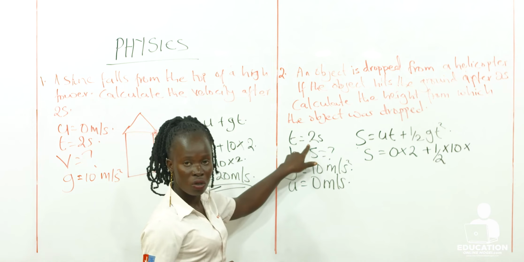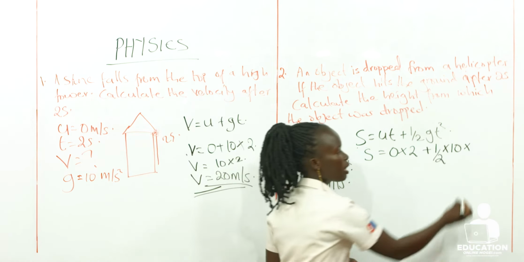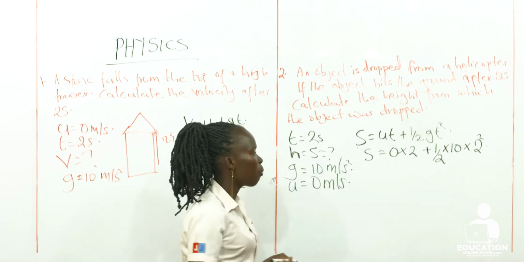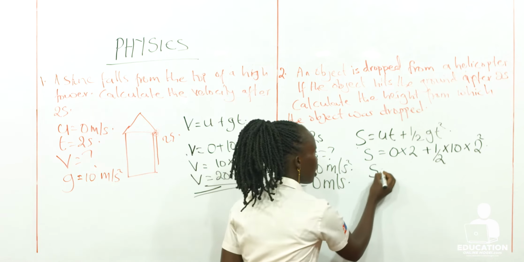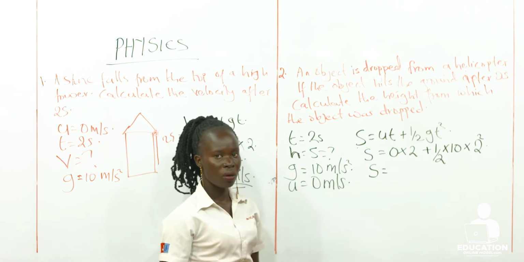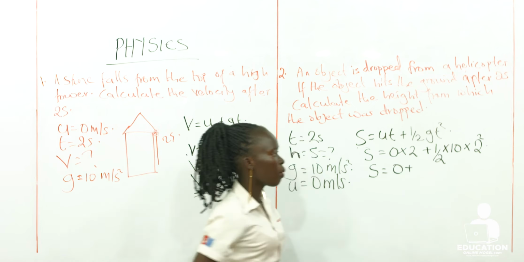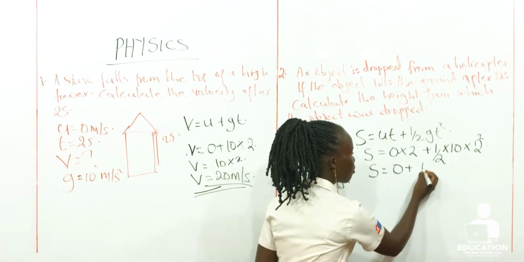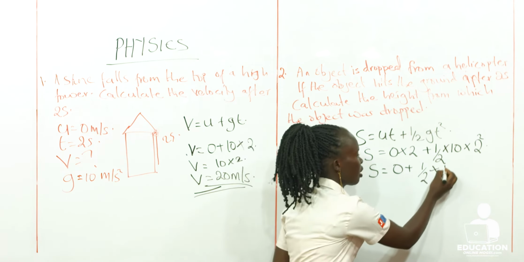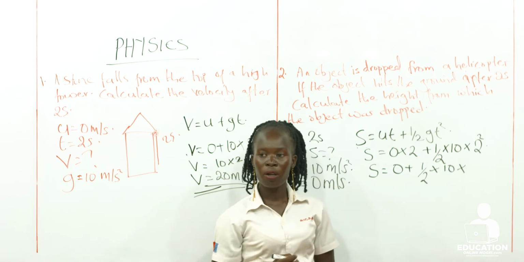Our time is 2 seconds, but in this case it was t squared, so we are taking it as 2 squared. What happens is we shall have s equal to 0 times 2. What shall we get? We shall have 0 plus a half times 10, then times, when you square 2, what will you get?